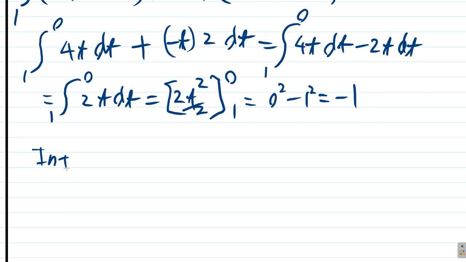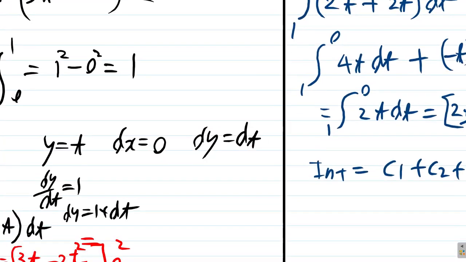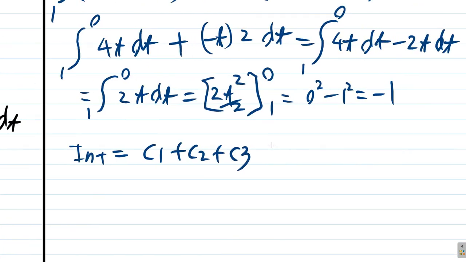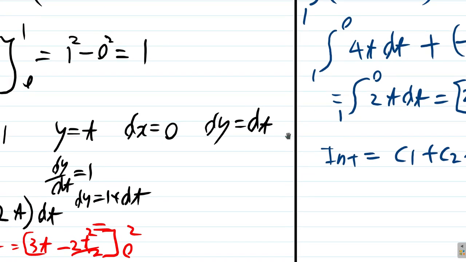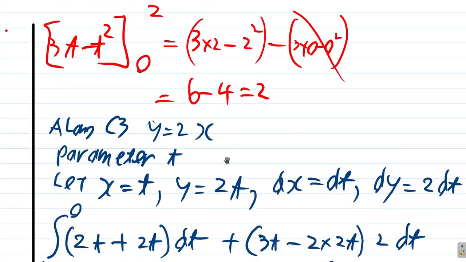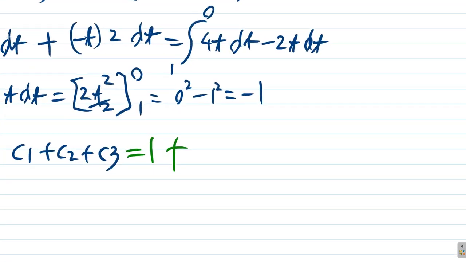So int is equal to c1 plus c2 plus c3. We go around the curve. Along c1 it was 1, along c2 it was 2, so 1 plus 2 plus negative 1. So the answer you get is 2.